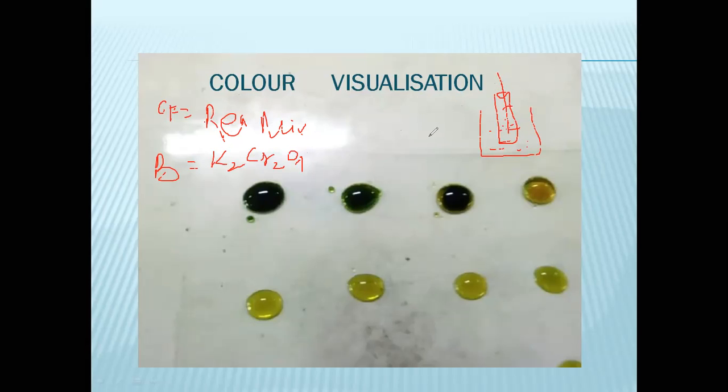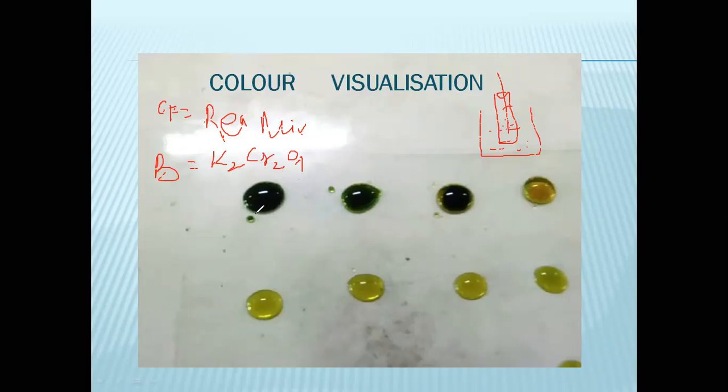With the help of the dry glass rod, you have to take out a drop of reaction mixture and put it on the indicator. When you put it on the indicator, you will get the Persian blue color. This Persian blue color is nothing but the ferroferricyanide complex. That means ferrous is still present in the conical flask, so this ferrous has reacted with the ferricyanide. For that reason, you are getting the Persian blue color.